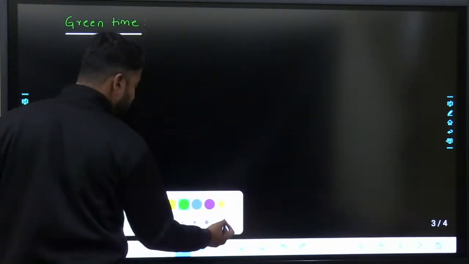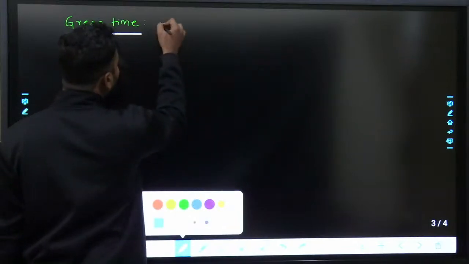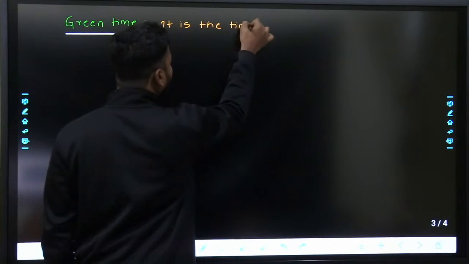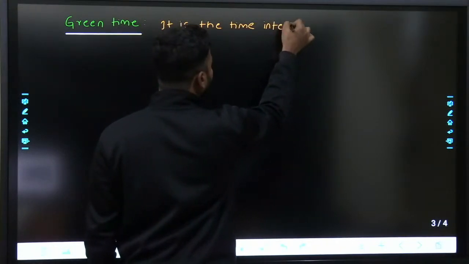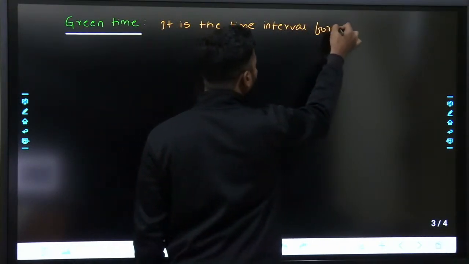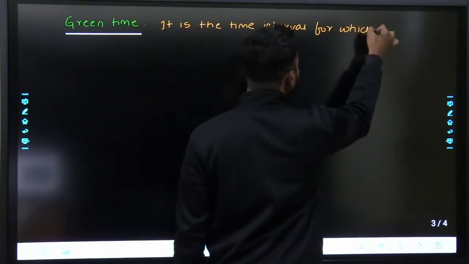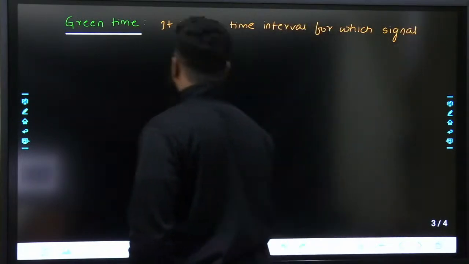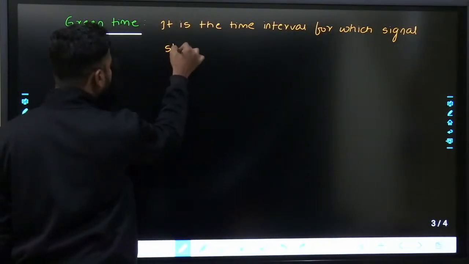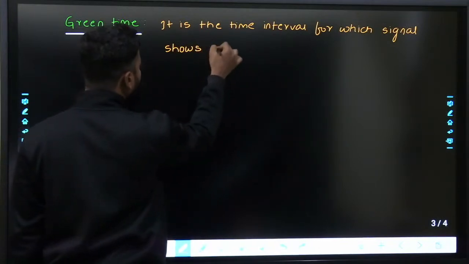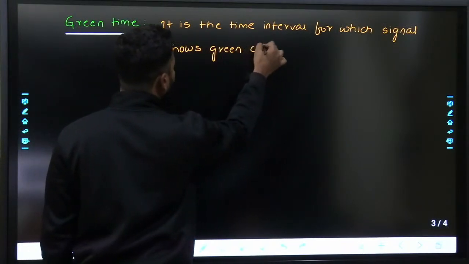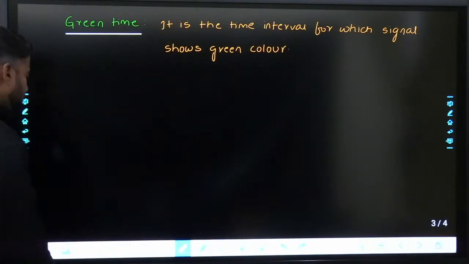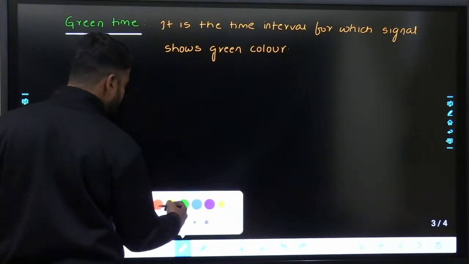It is the time interval for which the signal shows green color. Simple, the name itself says. Next one is red time.